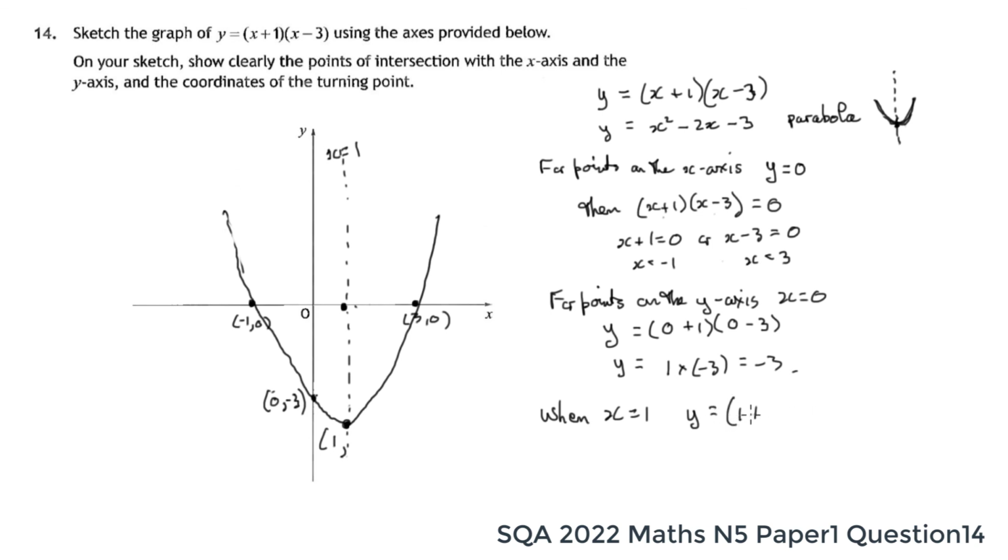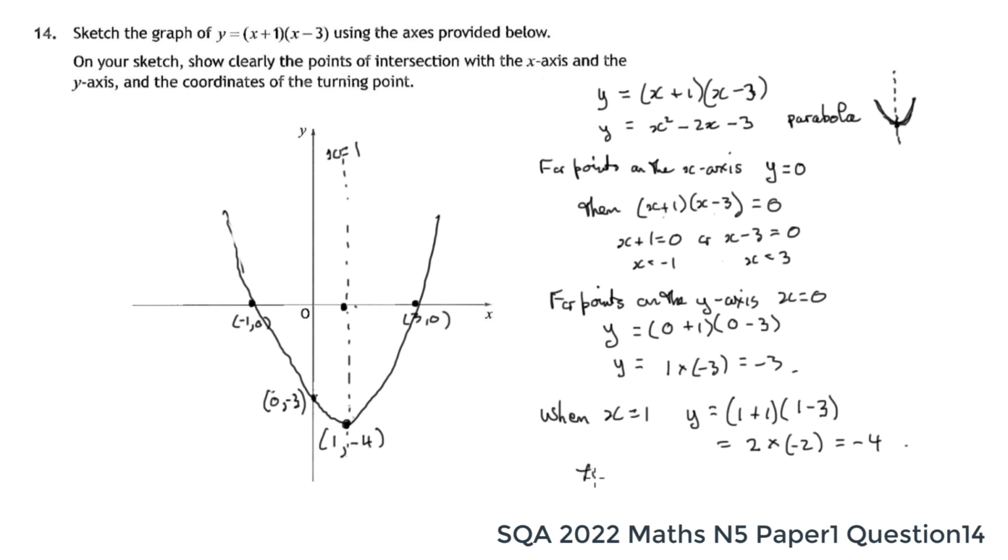We get 1 plus 1 times 1 minus 3. So y is equal to 2 times, this comes to be -2, so that's -4. So the minimum value on this graph is -4, and the turning point is at 1, -4.